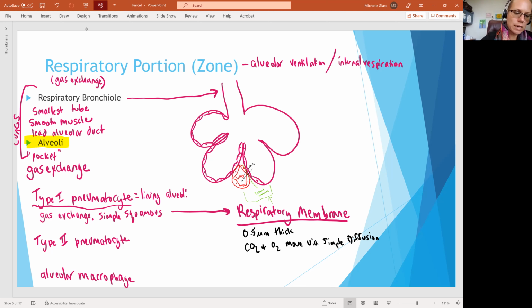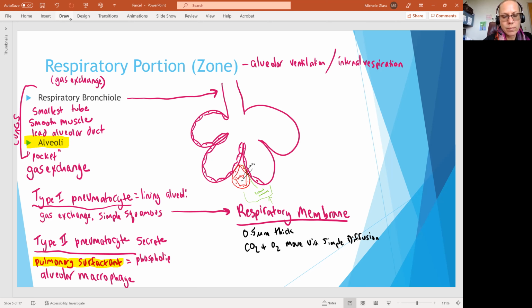Going back to our cell types, we also have this type 2 pneumatocyte. And the type 2 pneumatocyte is going to secrete what is called pulmonary surfactant. And I'm going to highlight pulmonary surfactant. Pulmonary surfactant is going to be phospholipids, proteins.